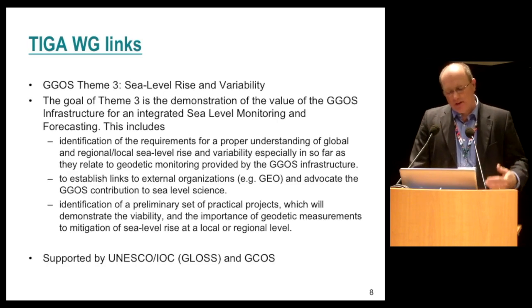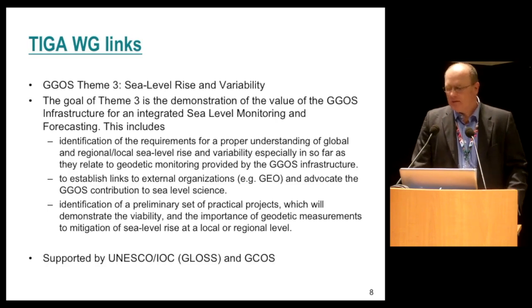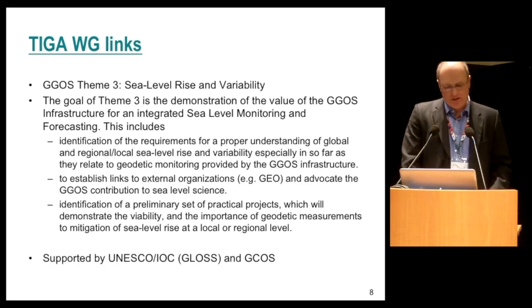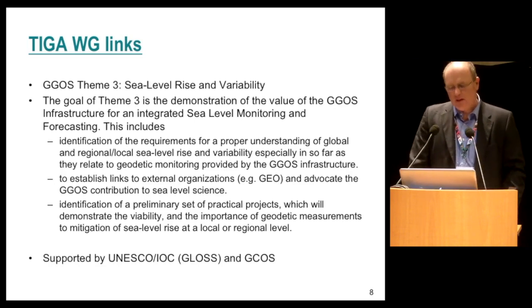And therefore, GGOS really tries to establish more links with various organizations involved. And of course, in the end, TIGER is also supported by UNESCO, the IOC, the Intergovernmental Oceanographic Commission, by GLOSS, the Global Sea Level Observing System, and by GCOS, the Global Climate Observing System.